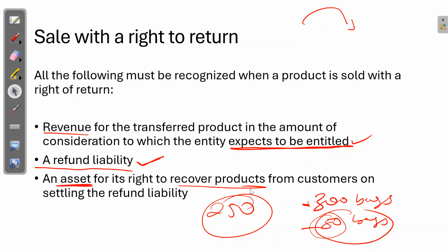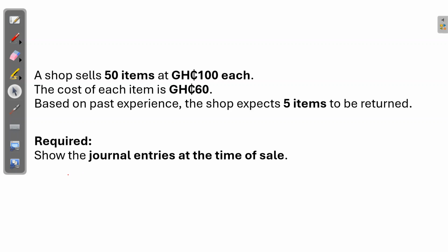So it becomes like an asset to us, like a receivable. So when we recognize revenue, we recognize refund liability, and also a receivable, which is the portion of the sales we think the customer will return. We have to treat it as an asset. So let's look at an example.